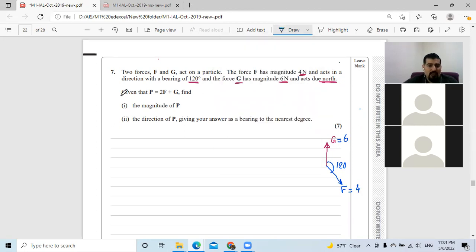Let's go back here. Given that P, a third force, or the resultant force, is equal to 2F plus G, so not 4 Newton but 2 times 4, which is 8. If I want to redraw it, this is the force G, and this is the force 2F, as a parallelogram.